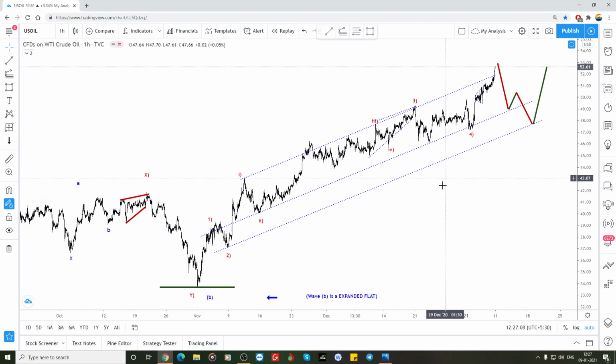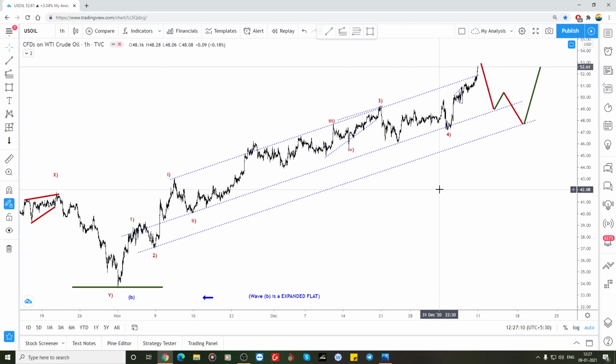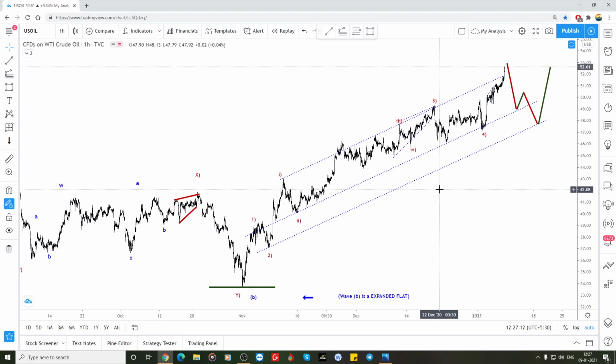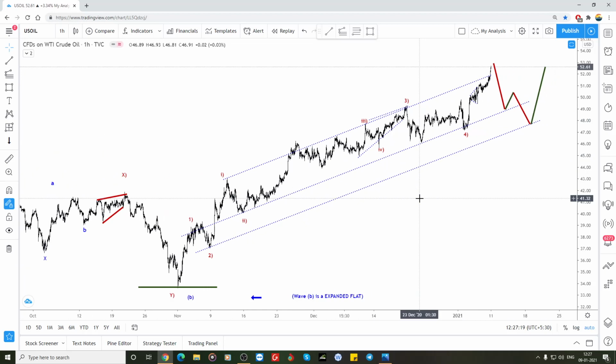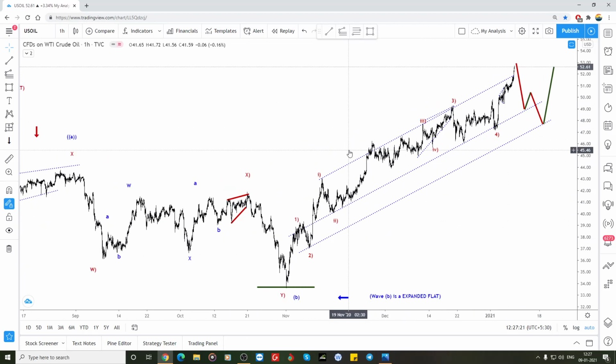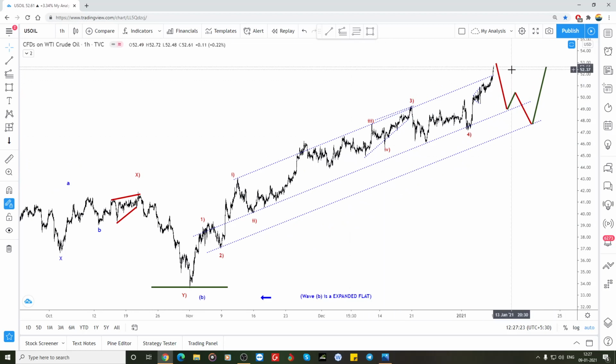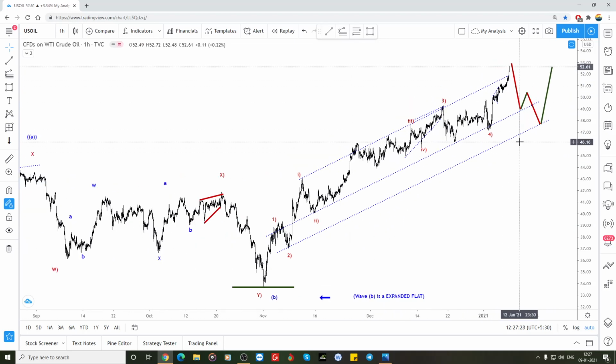It is not 100% certain, the market has to decide, and it can do anything, and we will keep on changing the wave count. Don't be biased by my wave count. I took the trade according to my capital and my risk. So don't trade your capital on my confidence. Don't trade like that.